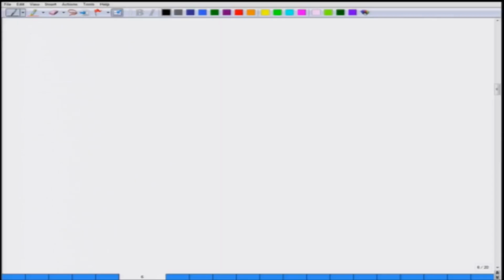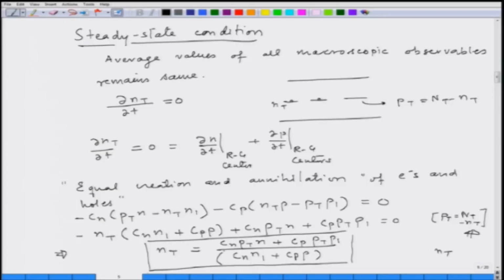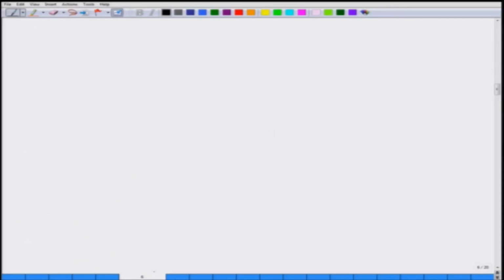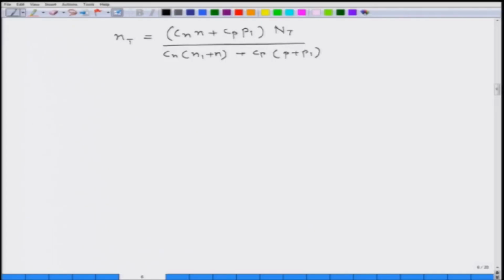If I do that, after putting this condition in, I will get an expression which would give me n of t in terms of the total number of trap states, and that is given by C of n, which is known to me, which is the number of electrons in steady state, times p 1, total number of trap states, divided by C of n n 1 plus n plus C of p p plus p 1.